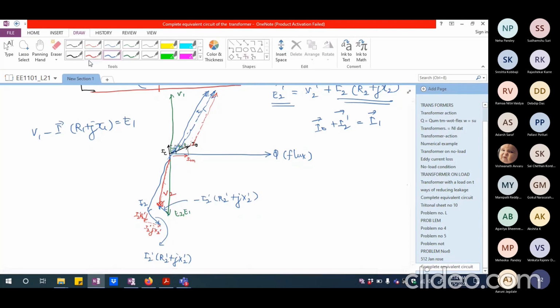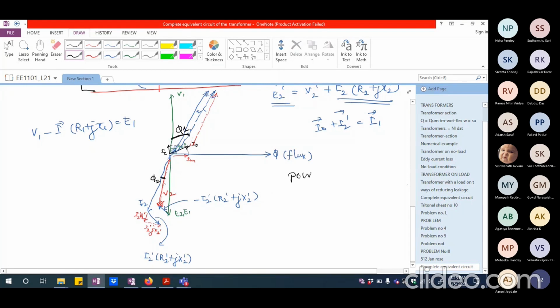One thing I want you to notice is, if you look at the power factor angle on the secondary side between V2 and I2, it's very, very small. You can see that this is the power factor angle on the secondary side. Whereas if I look at the power factor angle on the primary side, between I1 and V1, this is phi1, and it is definitely enlarged. The power factor angle on the secondary side is smaller as compared to the primary side.